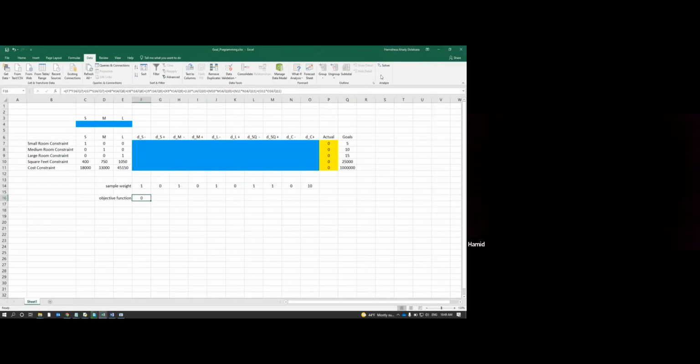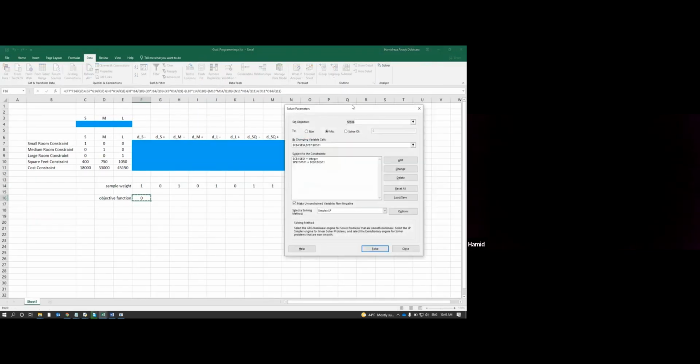Data, Solver. So first of all, F16 is my objective function, taking care of deviations. Then I have 2 sets of decision variables. First is the fourth row, which is my initial decision variable, and also a large blue rectangle, which is my deviation decision variables.